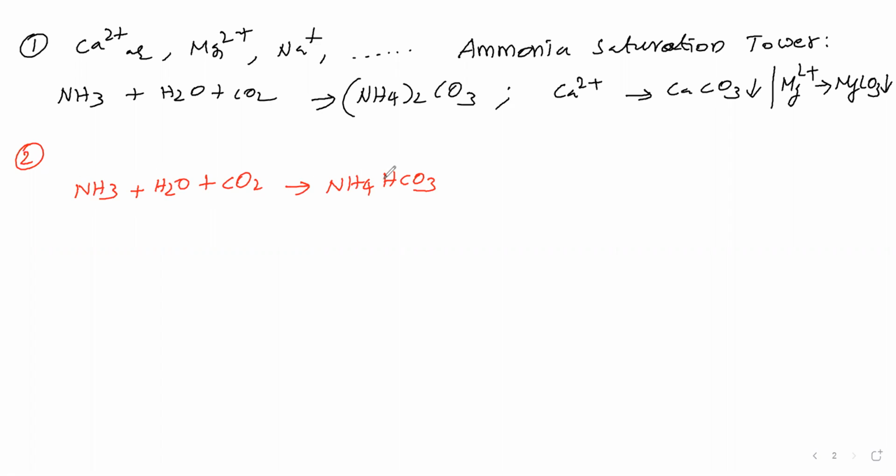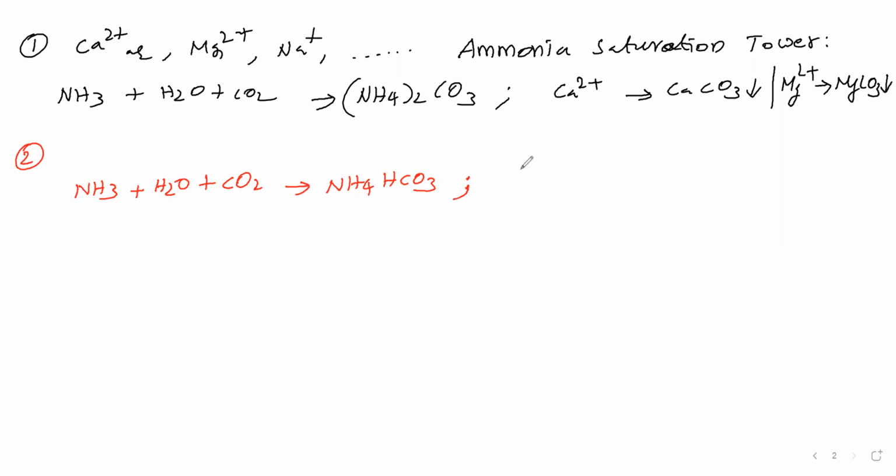The first tower filtrate is a saturated solution of ammonia. In the second tower, ammonia and carbon dioxide become ammonium bicarbonate. But in the first tower we got ammonium carbonate, because carbon dioxide is little and ammonia is in excess. In the second tower carbon dioxide is in excess, therefore we get ammonium bicarbonate.